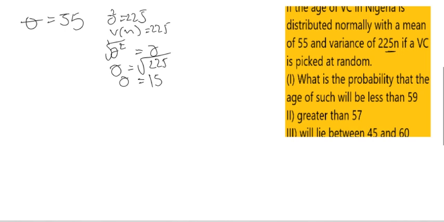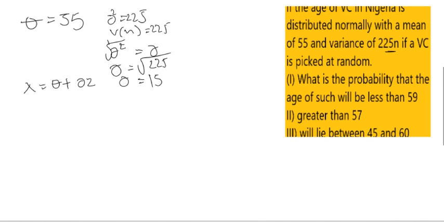So basically there's a formula relating them. The formula is x is equal to the mean plus the standard deviation multiplied by your z score. This is very important when you are dealing with normal distribution.